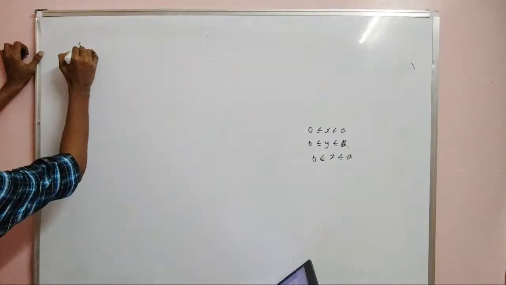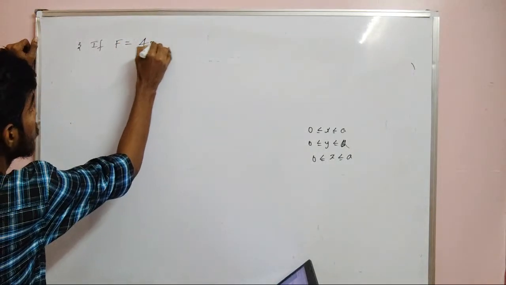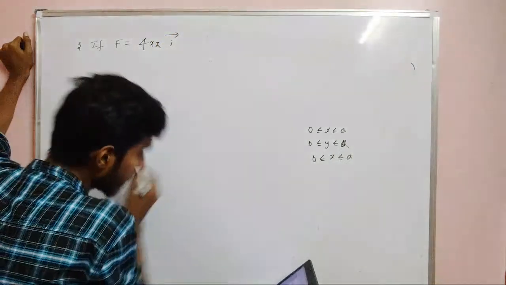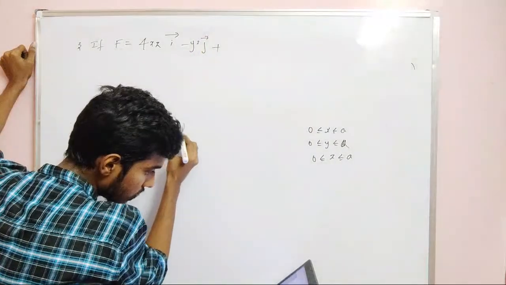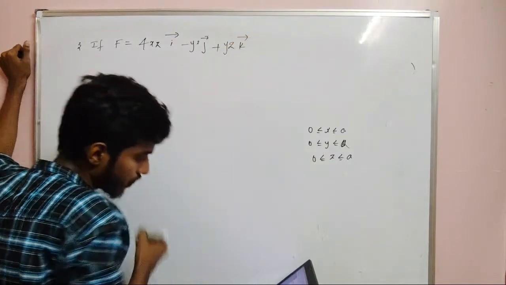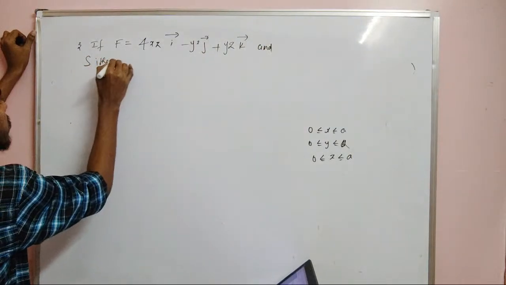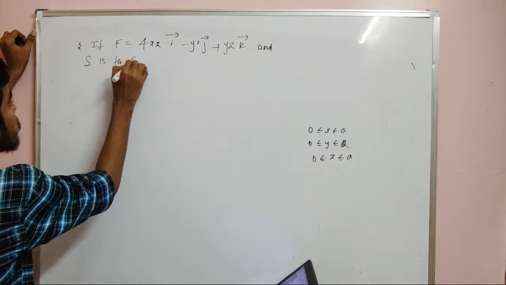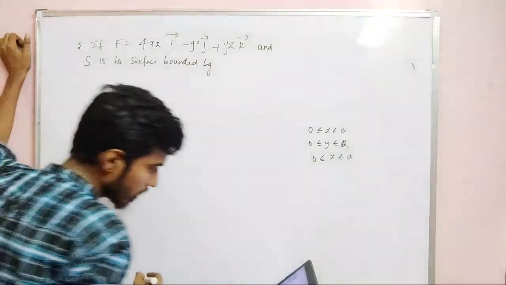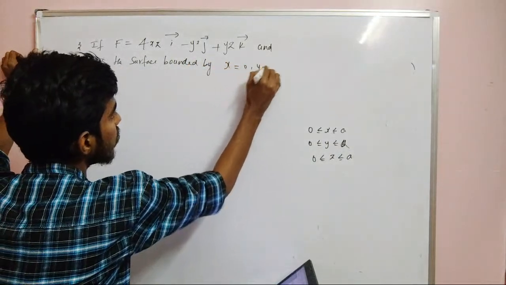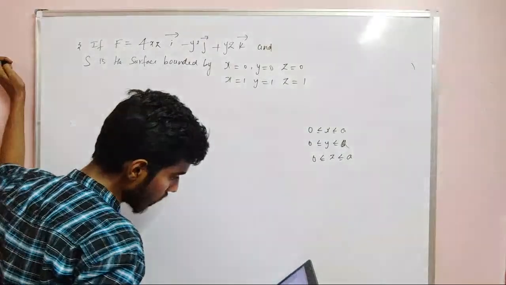So the third problem is, if f is equal to 4xz i vector minus y square j vector plus yz k vector, and S is the surface bounded by x is equal to 0, y is equal to 0, z is equal to 0, x is equal to 1, y is equal to 1, z is equal to 1.